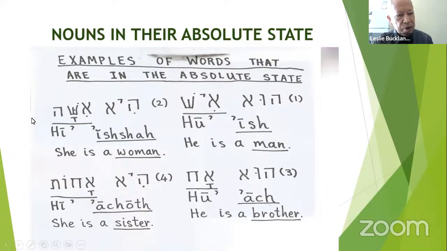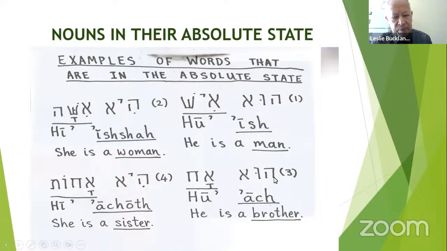And there is no other noun that comes after isha. It stands by itself. So there is no explanation as to who this woman is, or who this wife is. The word stands by itself and is therefore in the absolute state, just like ish. She is a woman. He isha.